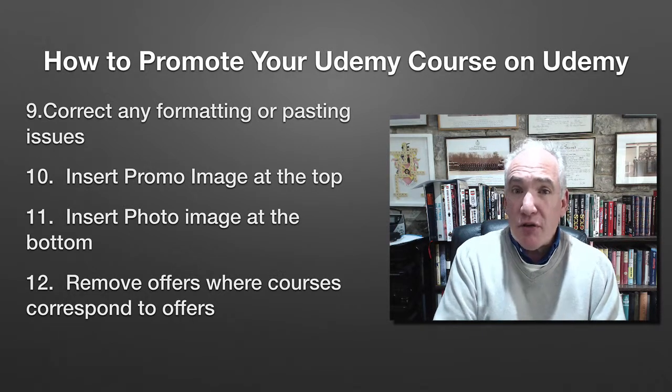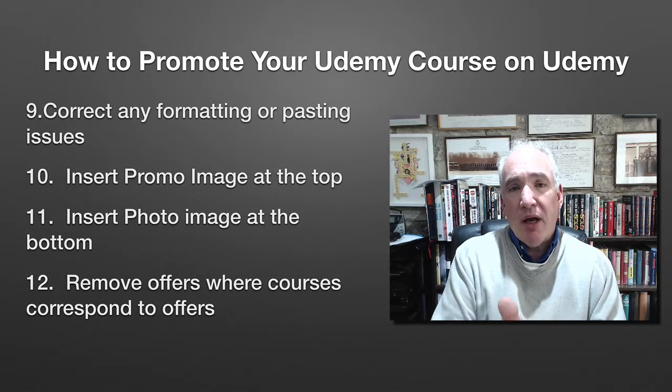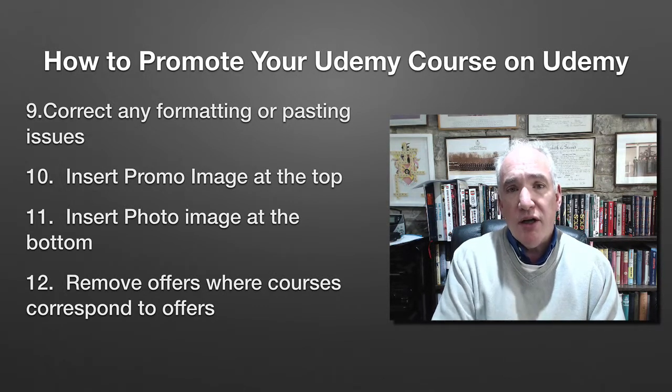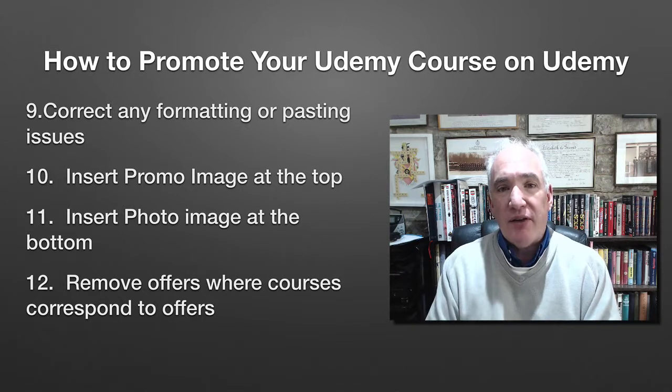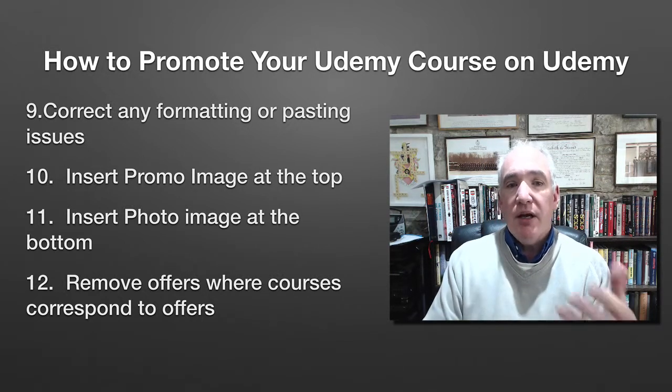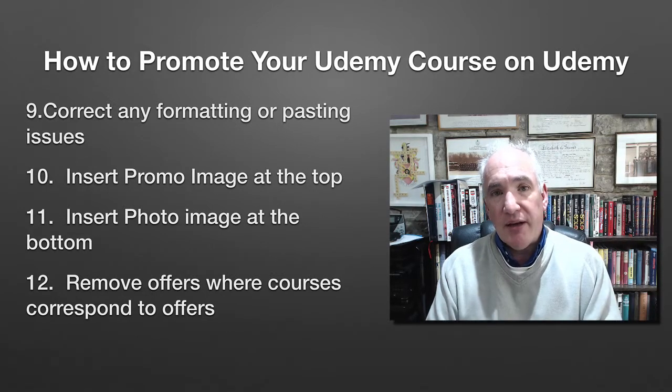So you need to go through all your courses and make sure that you're not sending a promotional offer to the students who are already in that course. So you need to go through and edit your announcement to take out any of those duplications of course and student, if you see what I mean. So you remove the offers where the courses correspond to the offers. So you understand what that involves.